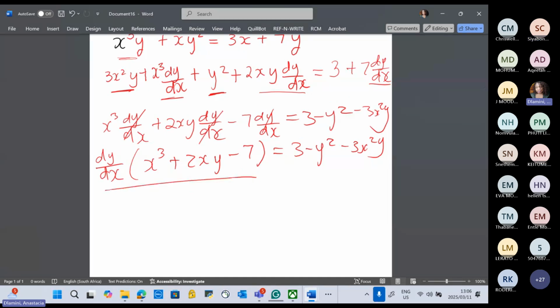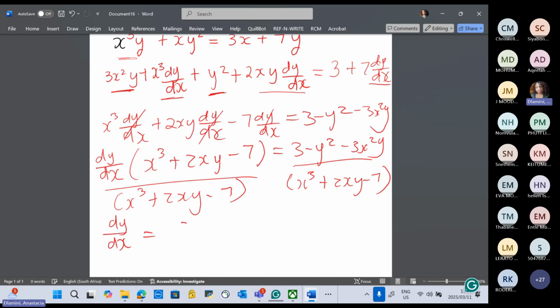Therefore, you divide both sides. What you do on your left, you do on your right hand side. That is called numeracy, which you learned in your lower grades. So dy over dx equals 3 minus y squared minus 3x squared y over x to the power of 3 plus 2xy minus 7.